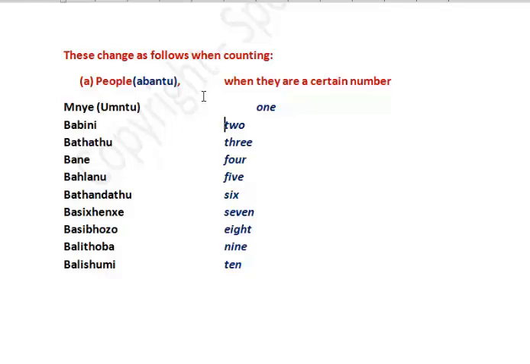Mnye. 2, babini. 3, batatu. 4, bane. 5, bahlanu. 6, batandatu. 7, basixhenxe. 8, basibhozo. 9, lithoba. 10, lishumi. And we can see the influence played by the ba we see in the prefix of abantu.